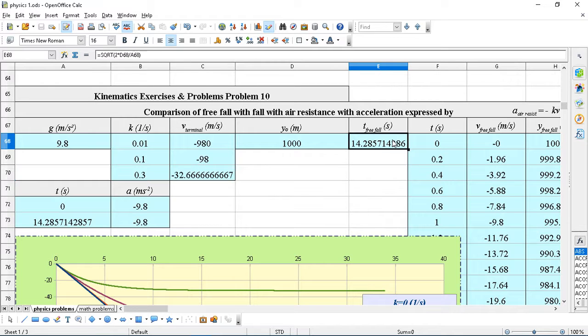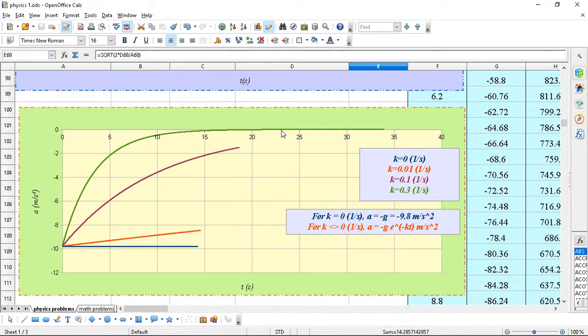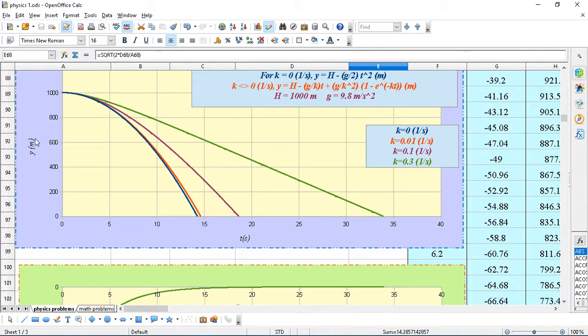So the time for the free fall here, this is the time from release to the moment in which the falling body reaches the ground, for y from 1000 to y equals 0.